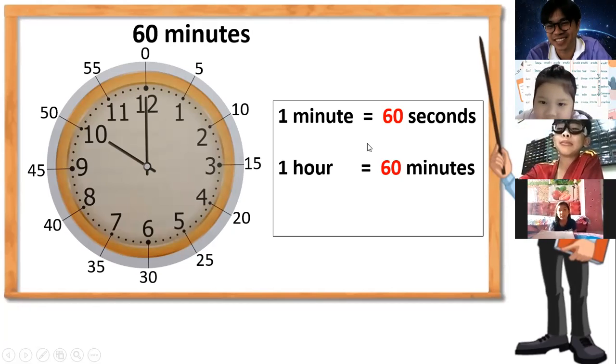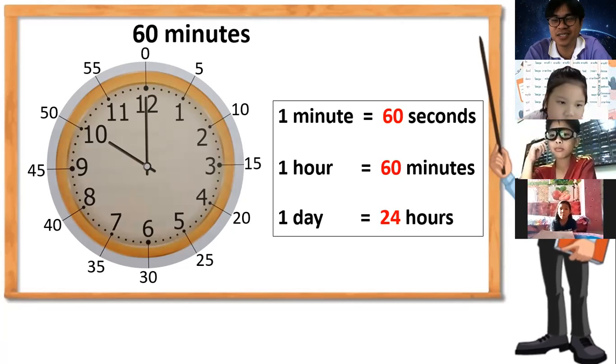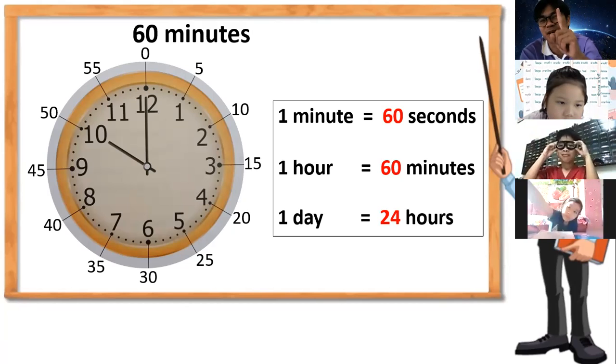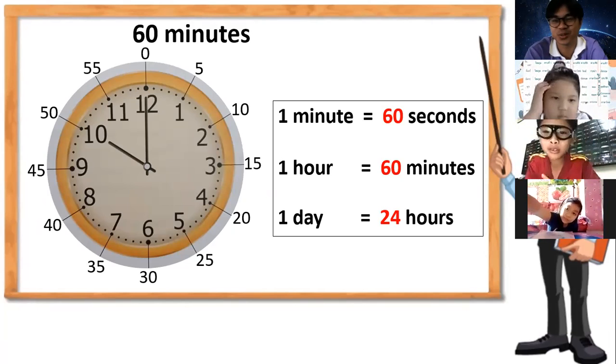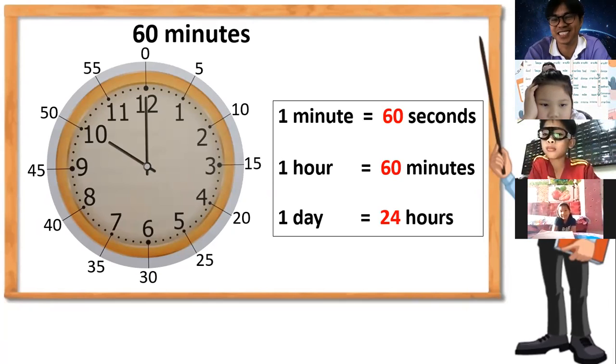Okay, very good, Tavin. So remember that there are 24 hours in 1 day. So remember this: 1 minute, 60 seconds. 1 hour, 60 minutes. 1 day, 24 hours. Okay.